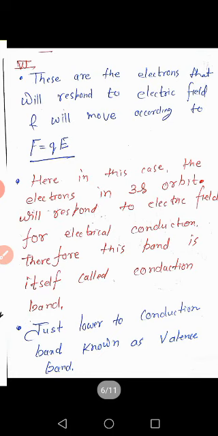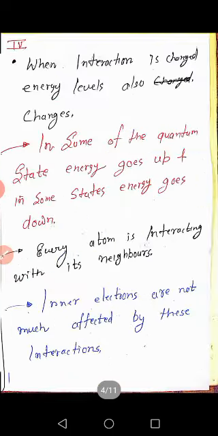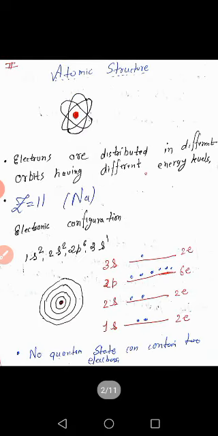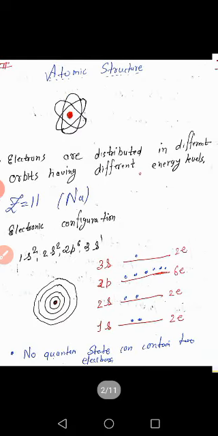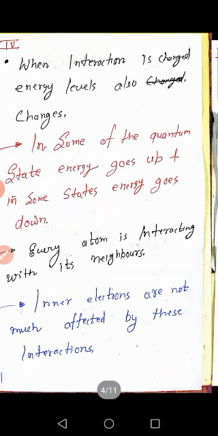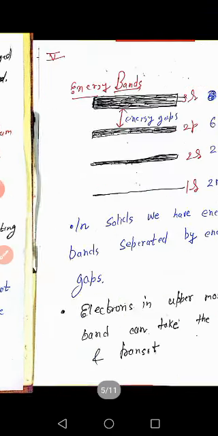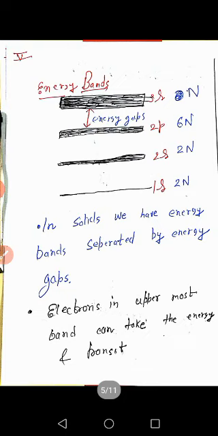So what we have concluded is that if we have a separate atom, then there are sharp energy levels, and electrons are distributed in different orbits. When there is an interaction between these atoms, these energy levels change and form a band.